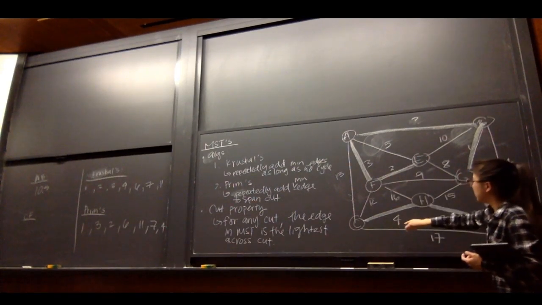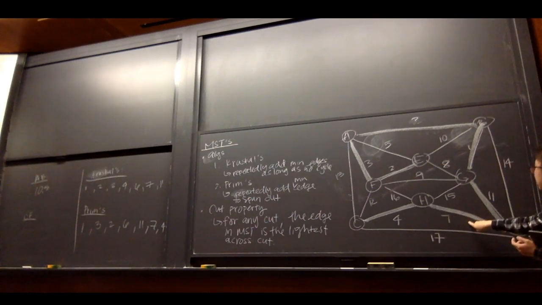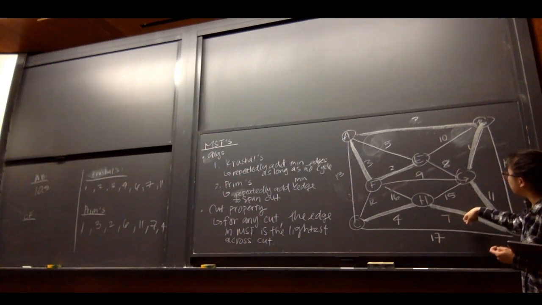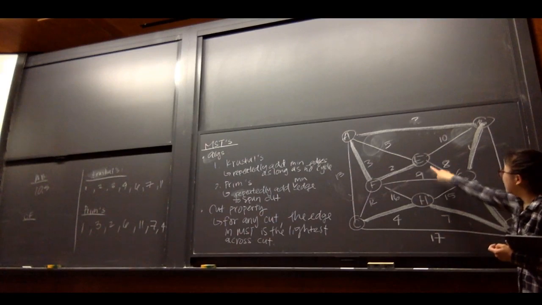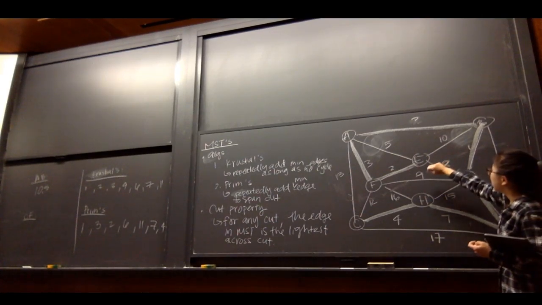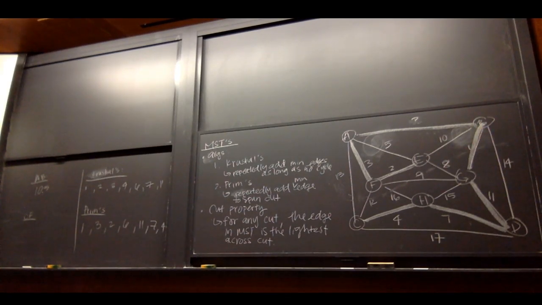So 2, 3, 4, 6. I would still add 7. And then the next highest edge weight would be 8. And I would add 8, not 9. And then you're done, right? Well, I think I did something weird.